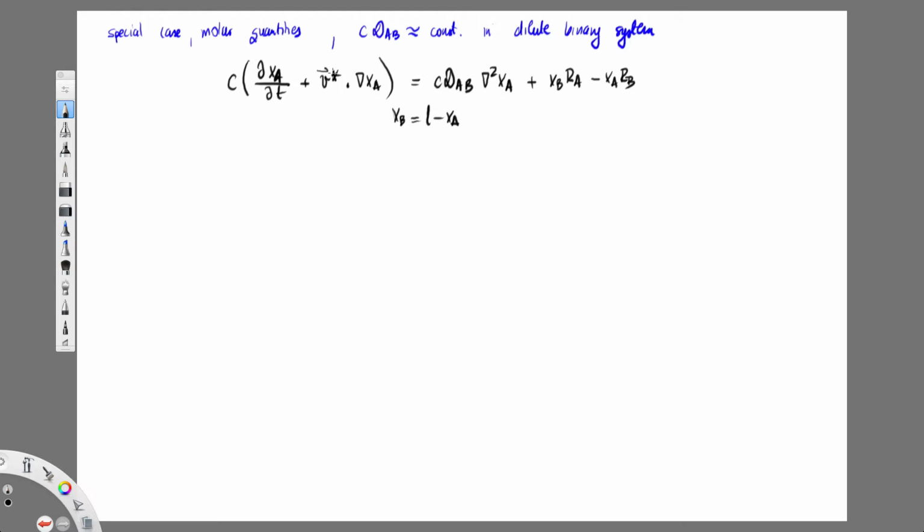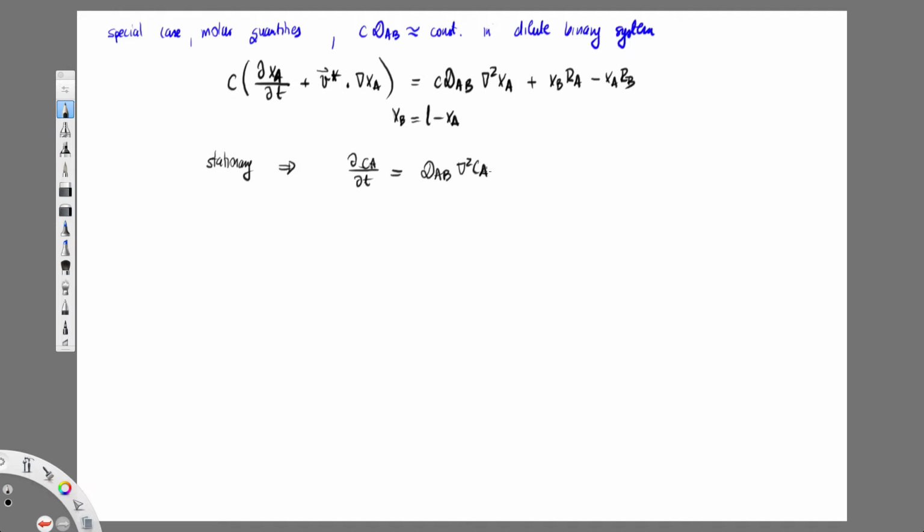And of course, if you had a stationary system, so V star is equal to 0, that would give you also a heat equation for CA, so partial CA partial t is equal to C DAB Laplacian of XA, which can be turned into CA.